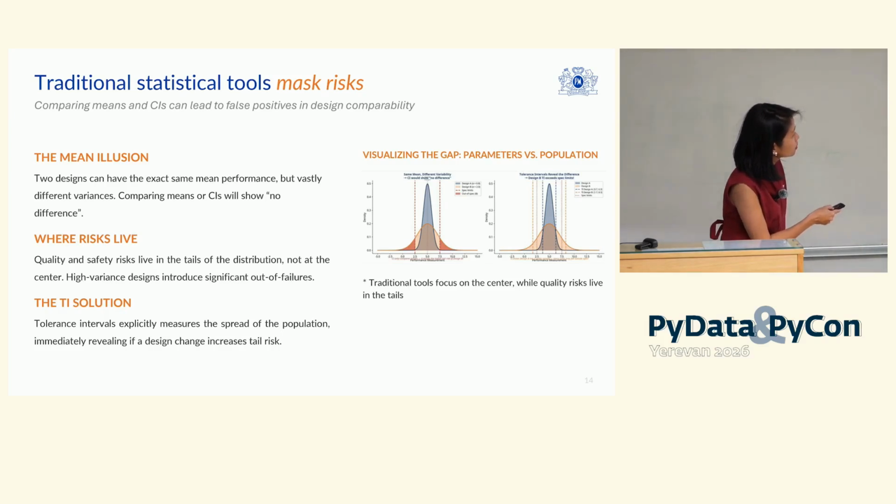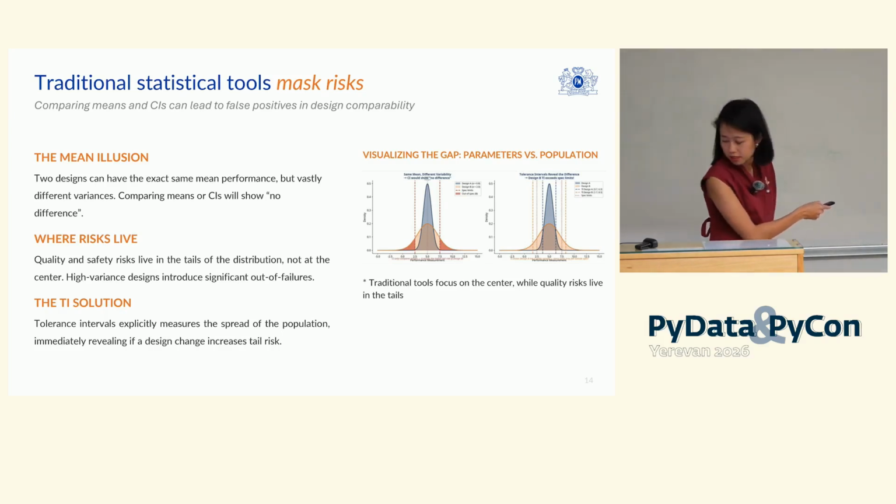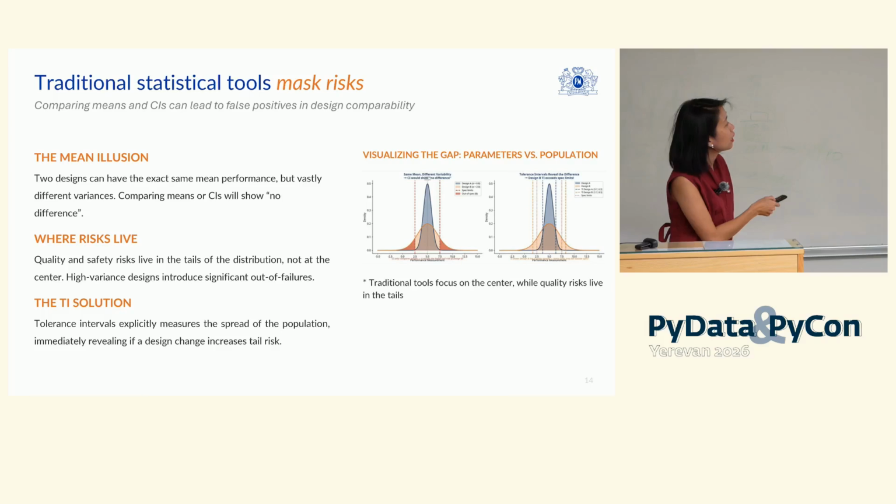So you can see that the blue, let's say that is your new design A, and then the orange one is your old design. And when you're just looking into the mean, you say, I'm good, they share the same mean. But you forgot the most important part, that one design is more varied compared to the other.